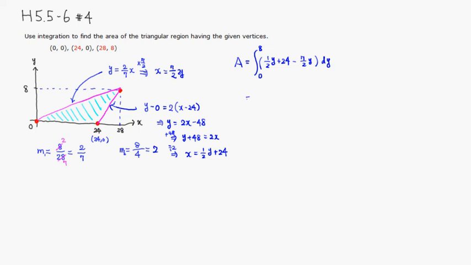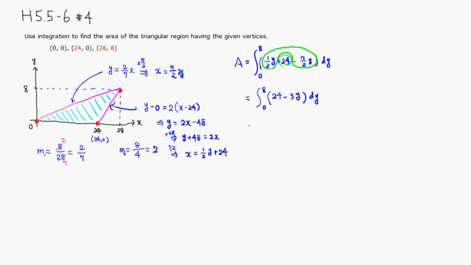So that's the integral from 0 to 8. I'm going to write 24 first, then combine 1/2 y and negative 7/2 y. That would be negative 6/2, so negative 3y, with respect to y.